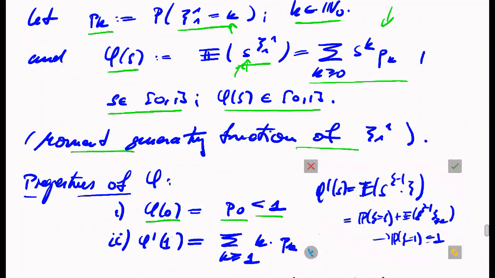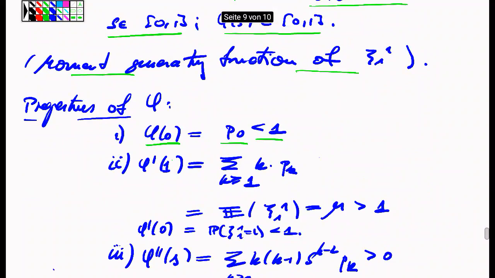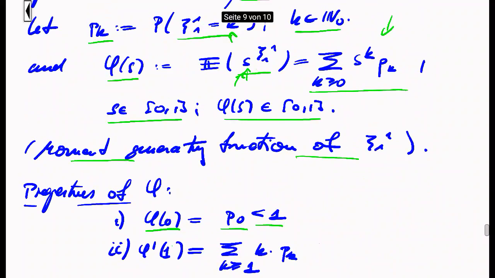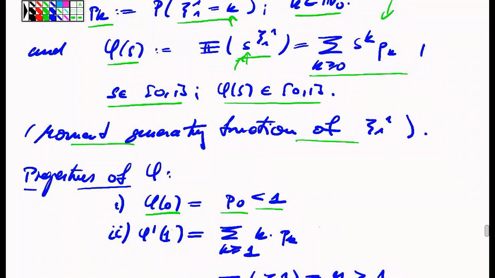Then we want to compute the derivative of this function. So the derivative of this function, if we want to write that out, obviously, so phi prime of s is the sum, the zeroth order term disappears, so it's k equals 1 from k times s to the k minus 1 times pk.